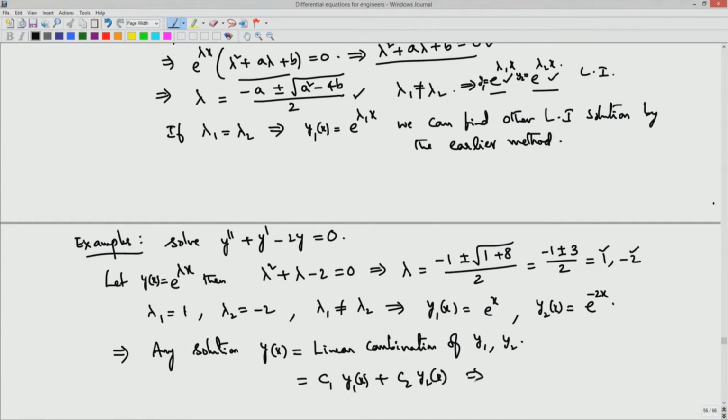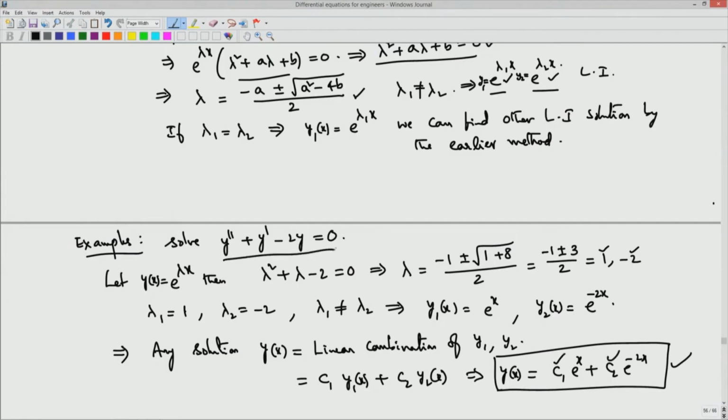So, this implies y of x equal to c1 e power x plus c2 e power minus 2x. So, this is your solution. Any solution will be in this form. This is exactly what you have.